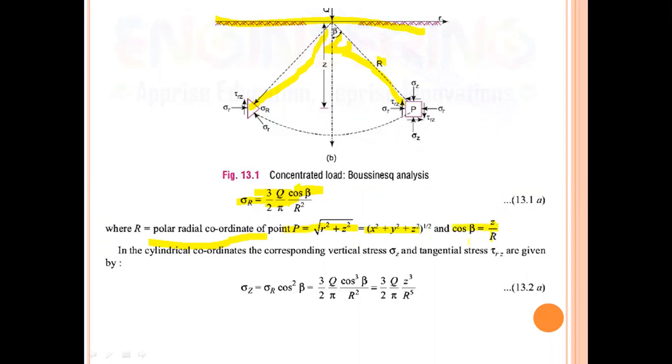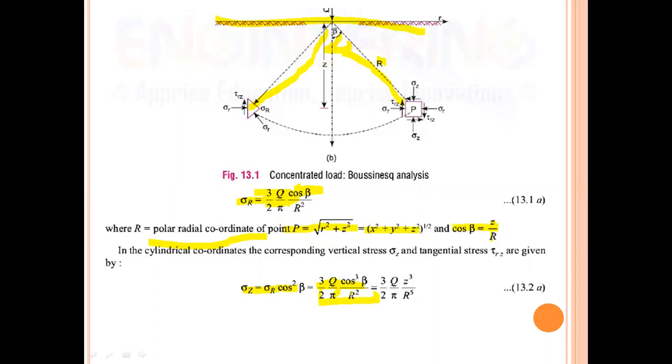In cylindrical coordinates, the corresponding vertical stress sigma z and tangential stress tau rz are given by sigma z equals sigma r into cos square beta. We know the sigma r value is 3 by 2 pi, Q into cos beta by r square. In this equation, substitute cos square beta.